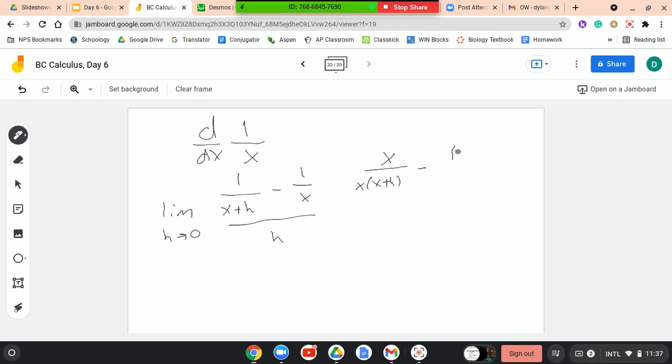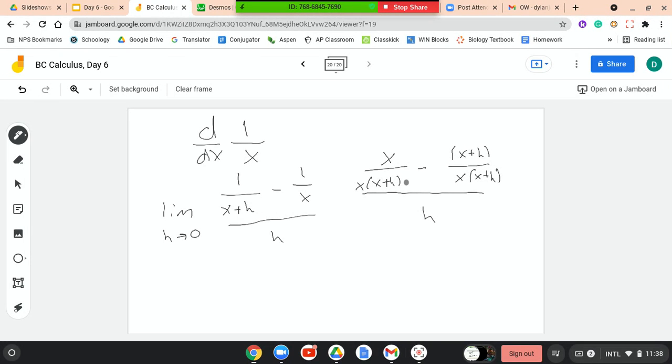I'm going to multiply the second fraction by x plus h over x plus h, because it's 1, doesn't change it, right? So you agree that this is the same thing. We haven't changed the top, because we've multiplied by 1 on both fractions. Yeah, I agree with that.